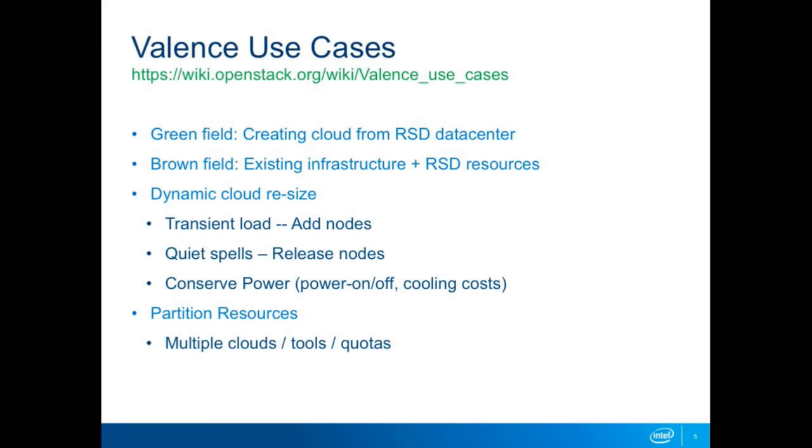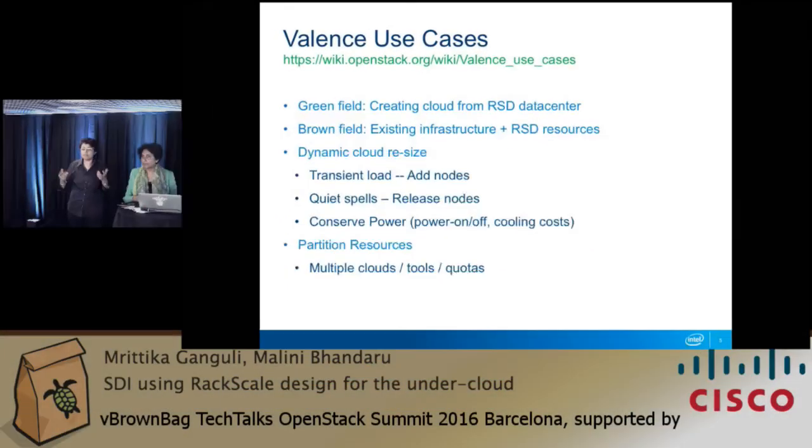So we have Xeons of 3 generations which are possible within a rack with different kinds of features. There are features which are useful in NFV. There are features which are useful in storage. All of these capabilities can be exposed in the form of flavors. So we will have an API for everyone to define flavors. We will have some predefined flavors, and we will have APIs where you can define your own flavor.